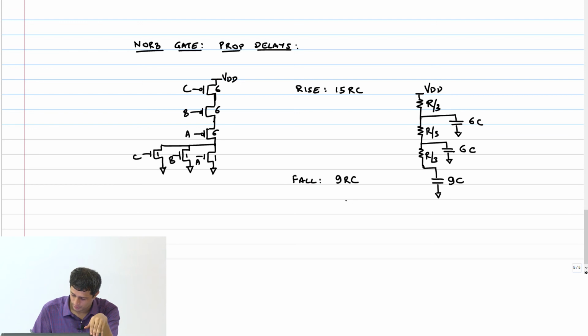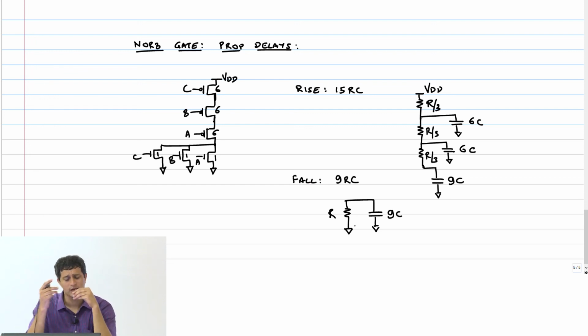That is very simple because it's just this and 9C, and this will be R. 9RC is the thing. What about contamination delay? Rise is just 9RC, is it? Correct, exactly. And fall 3RC. Okay.